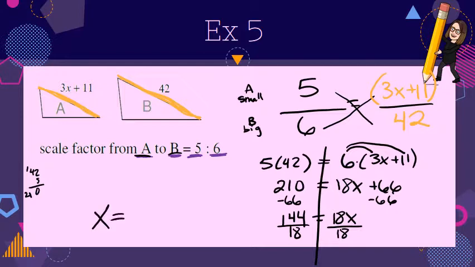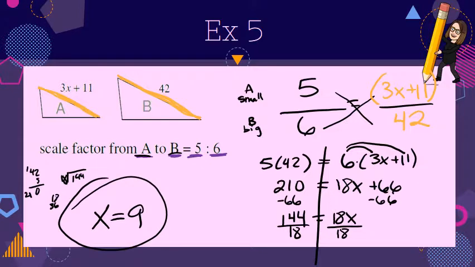I would end up with x equals, I don't have a calculator again, but you guys do, so make sure you check my work, okay? Let's see, 18, 36, okay, so it's probably going to be 9, I think, right? Check my work. X equals 9.